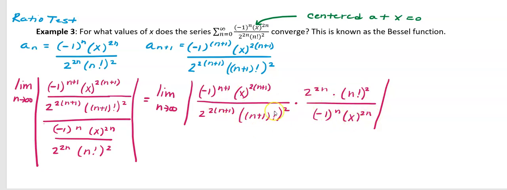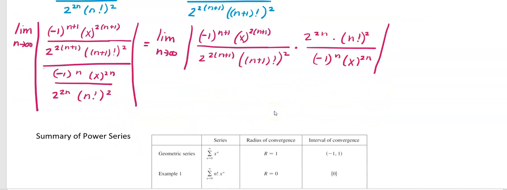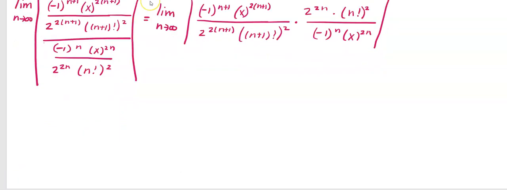And so now that I have it like this, I'm going to try to rewrite this as best I can. So that's going to be equal to the limit as n approaches infinity. And with this, we're going to do a lot of breaking up of our powers. This first one, -1 to the n plus 1 power, will become -1 to the n, and then -1 to the first, or just -1.